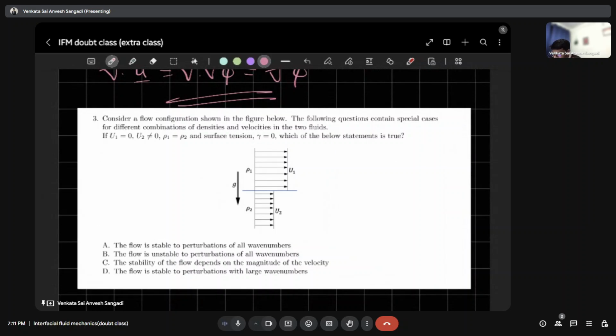The following question contains special cases for different combinations of densities and velocities in the fluid. If u1 is 0 and u2 is not equal to 0, rho1 equals rho2, and the surface tension is 0, which of the below statements is true? The flow is stable to perturbations of all wavelengths. The flow is unstable to perturbations of all wavelengths. The stability of the flow depends on the magnitude of velocity. The flow is stable to perturbations with large wavelengths.